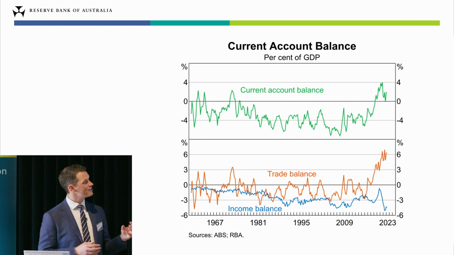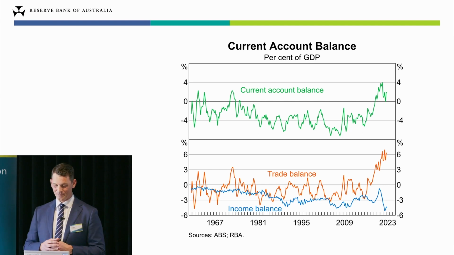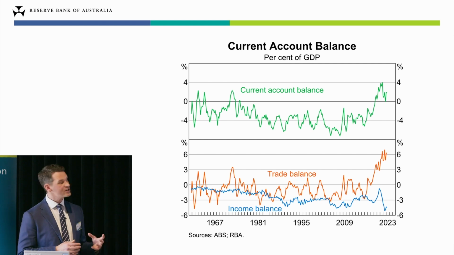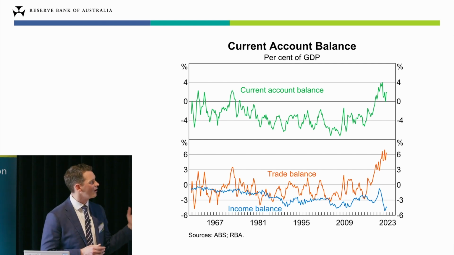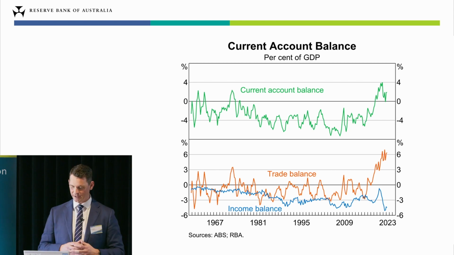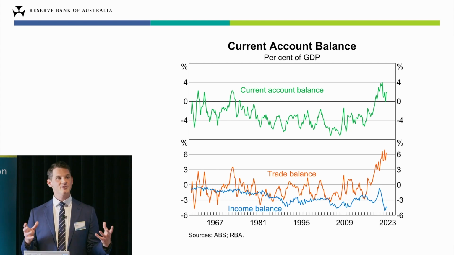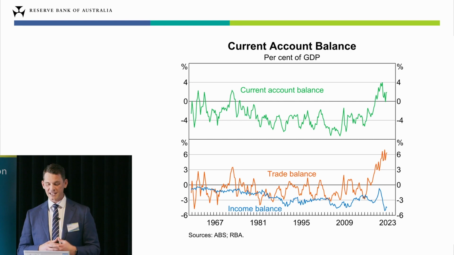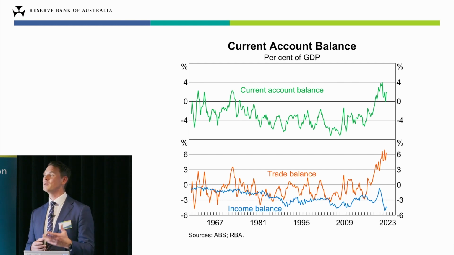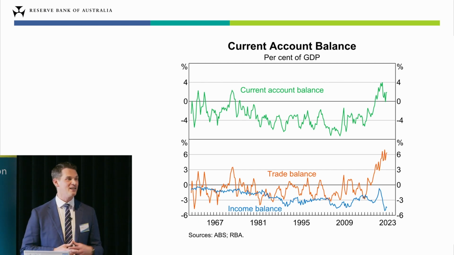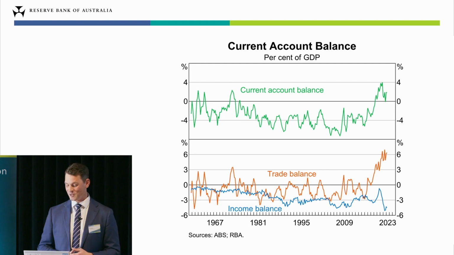And I think this graph is really useful for highlighting that. It helps to highlight that the key driver of the current account surplus over recent years has been the trade balance, that orange line really moving higher there. And the main story here has been a huge rise in the value of resource exports. And again, this links back to the mining boom story and also reflects the big rise in commodity prices that we've seen over the past 5 or so years as well.